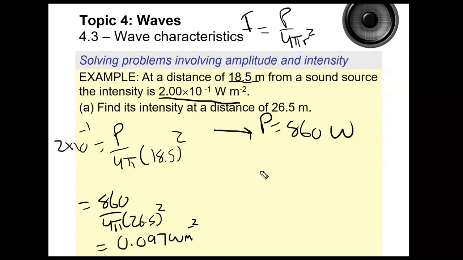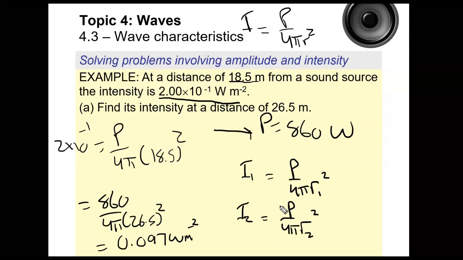Now the other way I could have done this is I could set up a proportion. I could say that the intensity at position 1 is equal to P over 4 pi R1 squared, where R1 is the distance from the wave source to my first point, and the intensity at point 2 is P over 4 pi R2 squared, and I could just divide these two equations by each other.